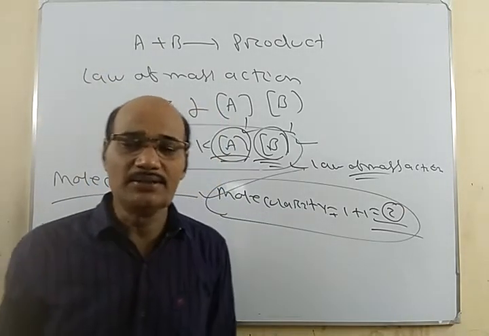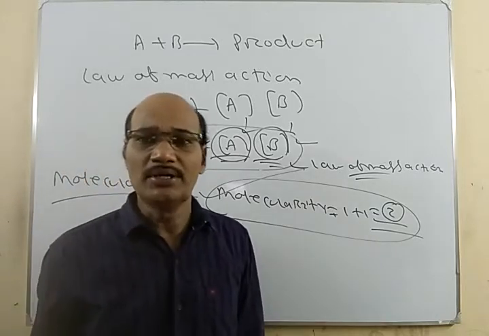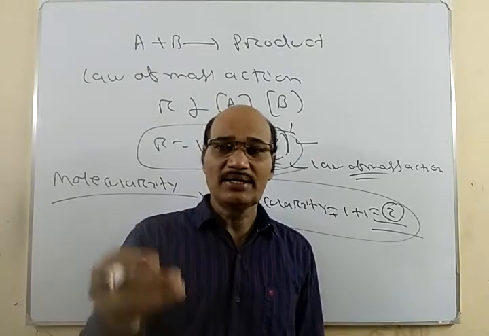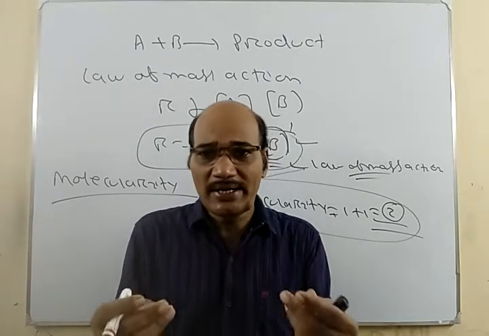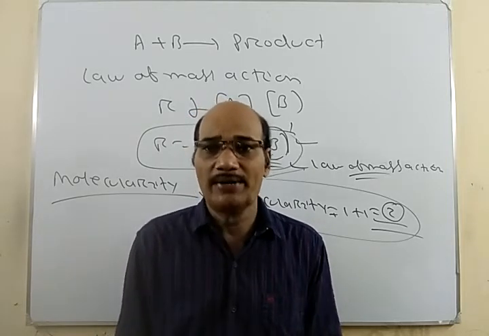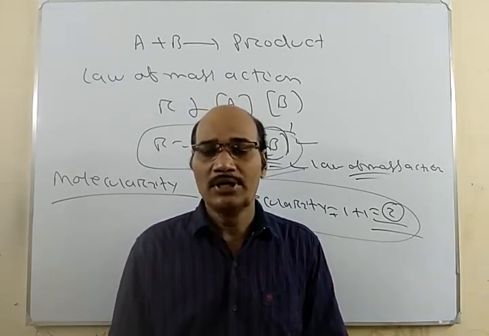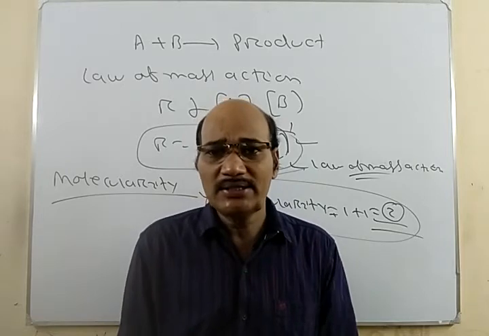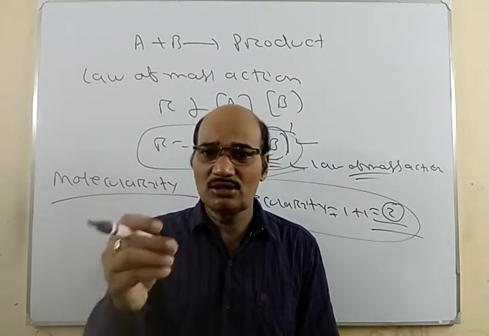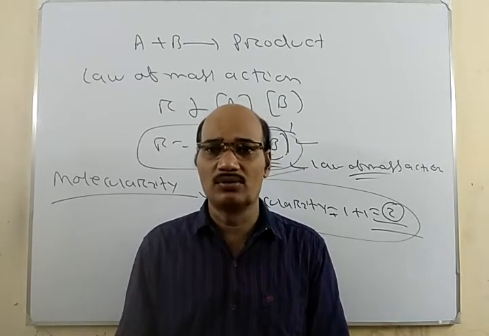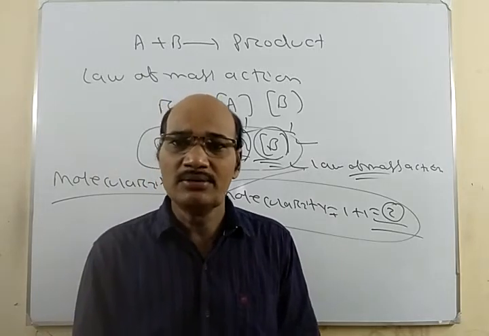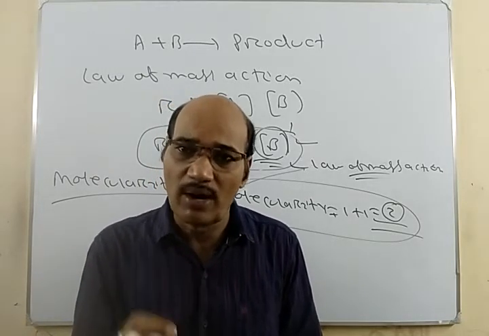And the molecularity of a reaction is always a whole number. That means in a chemical reaction, at least one molecule or two molecules or three molecules must collide. If molecules do not collide, then the reaction will not happen. A reaction is occurring means at least one molecule is colliding, so the molecularity will be at least 1.